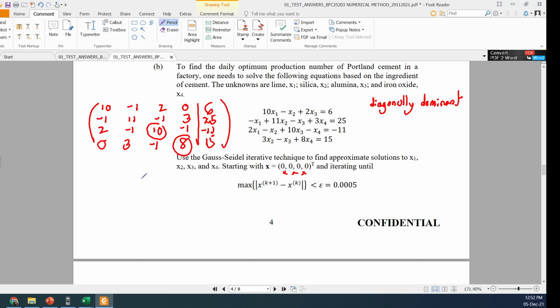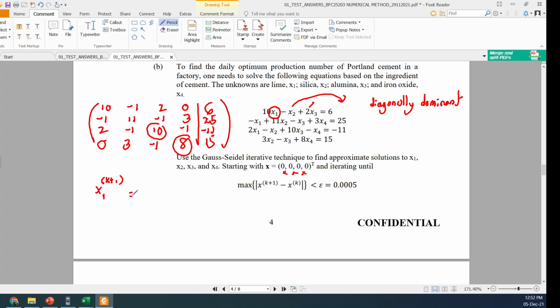Then you can put out the formula for your x1. Make sure you want to solve for x1, x2, x3, x4. Focus on x1, so the other two variables you bring to the other side. x1, make sure it is step k plus 1.